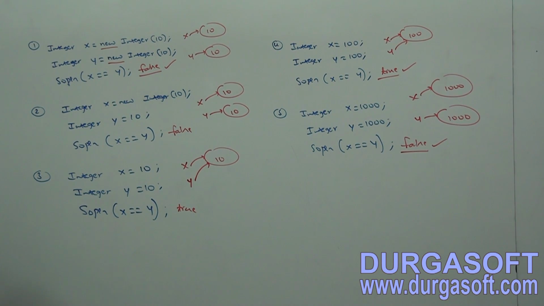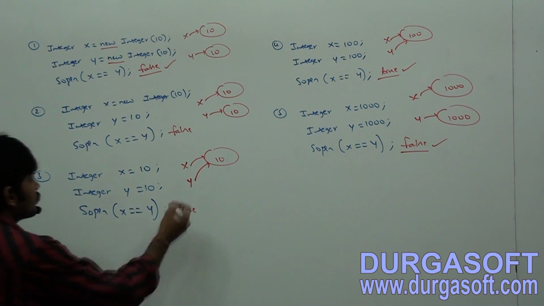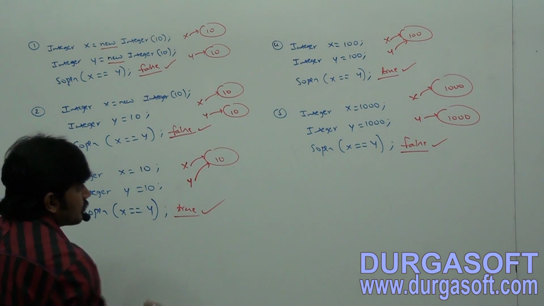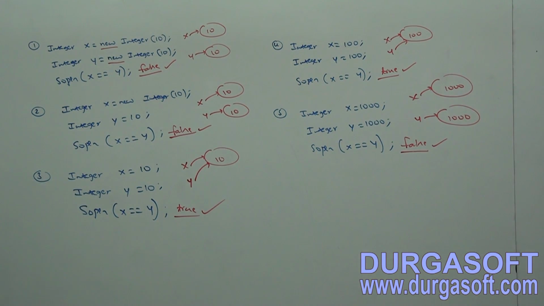Completed, right? Take all the diagrams also. What is the internal reason for that? I will explain, no need to worry. First take: false, false, true. The last two things are true, false.